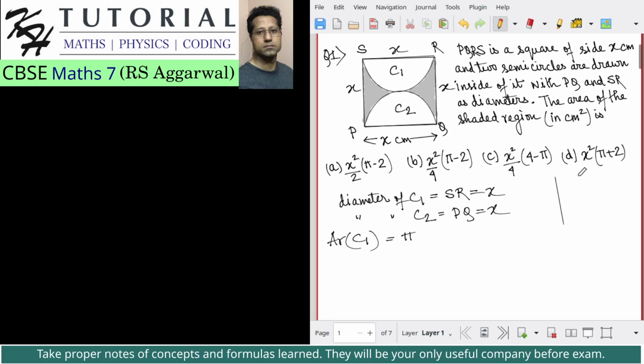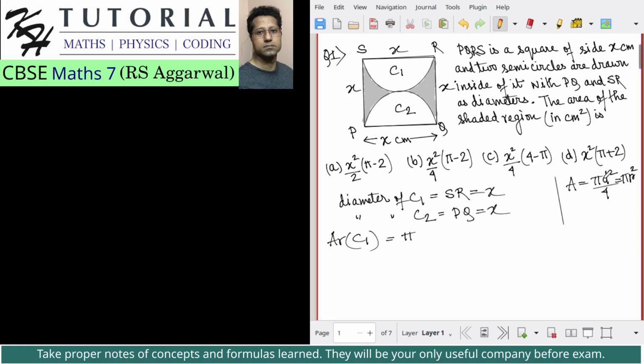And what is the area of a circle in terms of diameter? Area of a circle, if it is capital A, in terms of diameter, is pi d square by 4, which is equal to pi r square, where r is the radius.